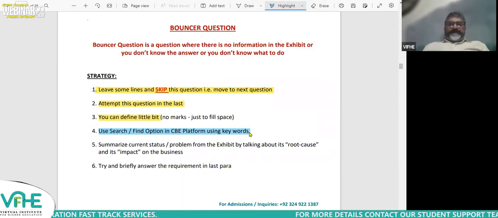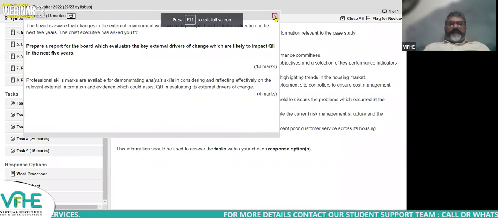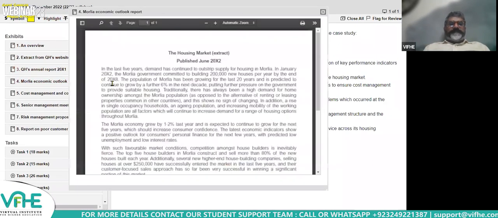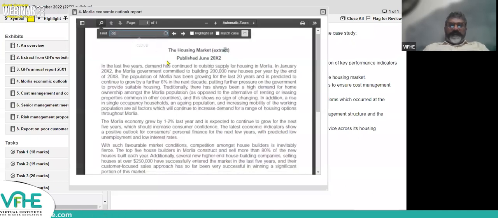For example, let's say I open up this exhibit, and I want to look for the word competition. I will press this magnifying glass and write COMP. There are 2 words here. Can you see?